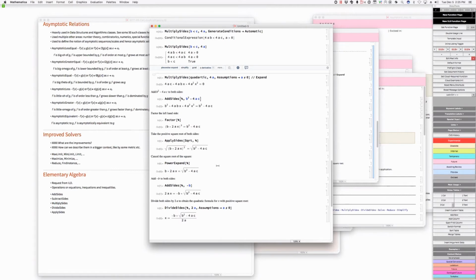Right. But then what I'm asking is, what does a proof look like, the show steps proofs of Wolfram Alpha or something like this? What does a show steps proof look like as a sequence of apply sides, multiply sides, add sides, etc.? Do we know? I'm just trying to get a feeling for what we could use these functions for. In other words, is a proof a composition of these things?